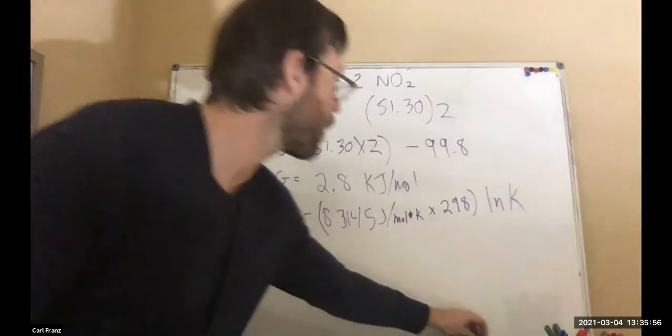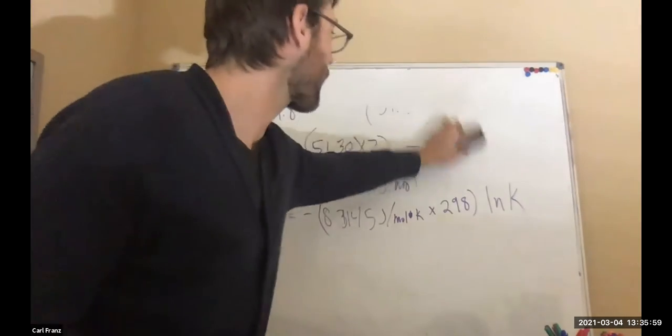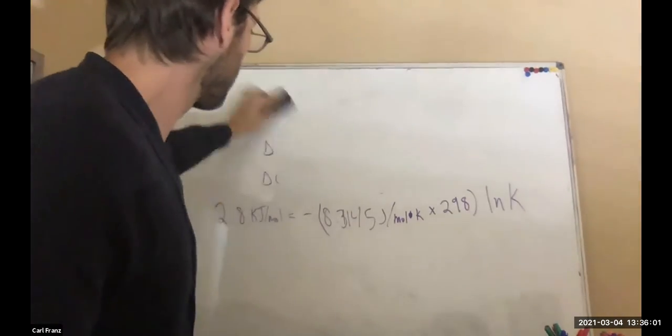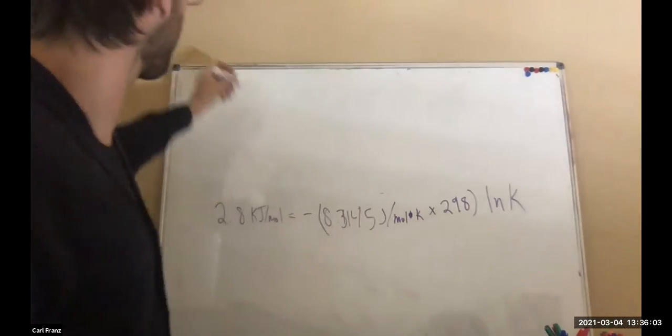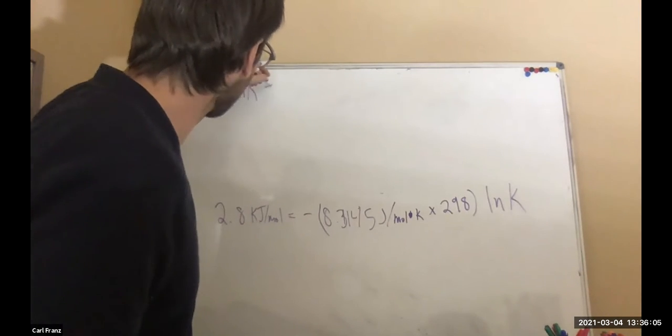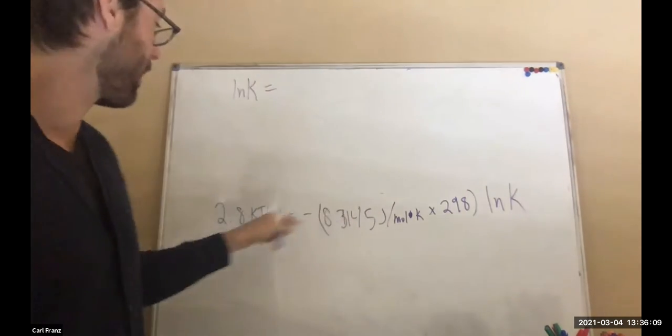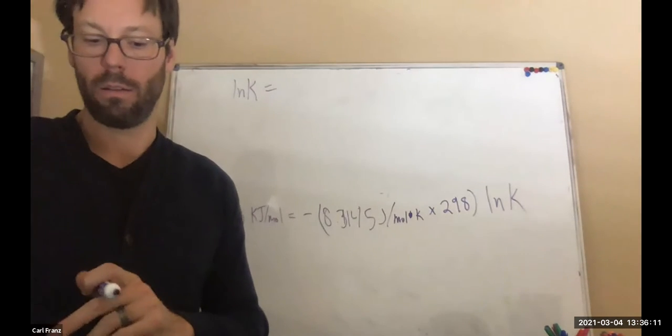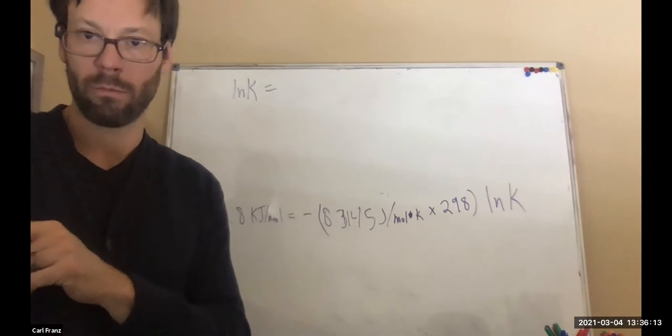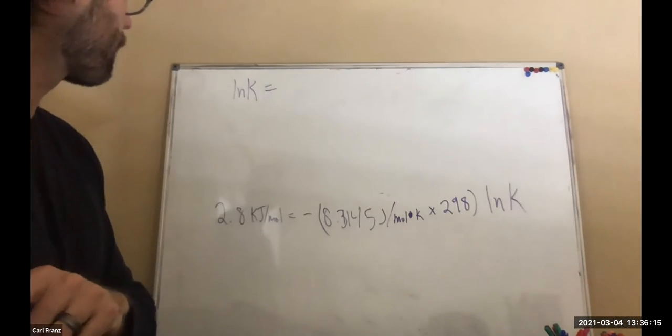And so another way to rewrite this, because we want to solve for K, we can say that the natural log of K is equal to a negative delta G over RT, right?